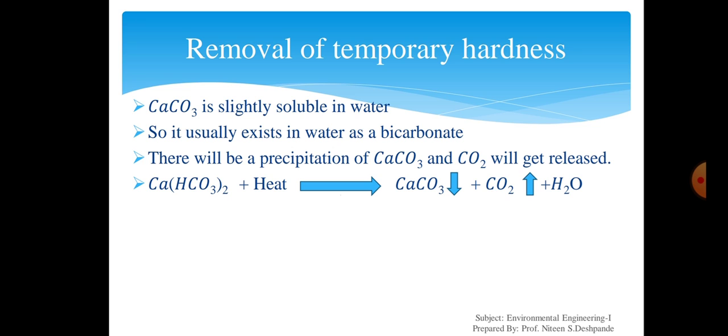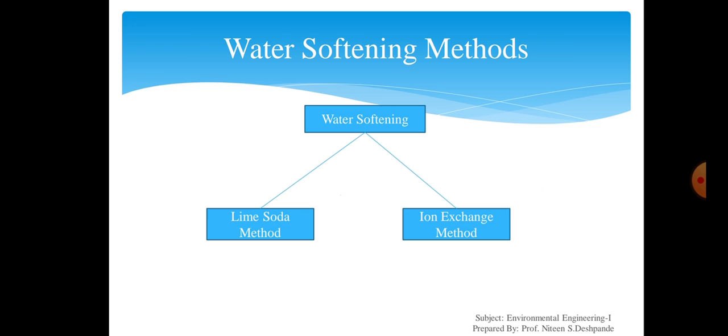We know that the temporary hardness is a carbonate hardness, so if we heat the solution of Ca(HCO3)2, then the CaCO3 will be precipitated and the CO2 or carbon dioxide will get released, plus H2O will be there. In this way, we can remove the temporary hardness just by boiling the water.